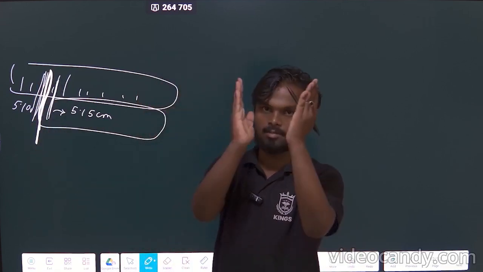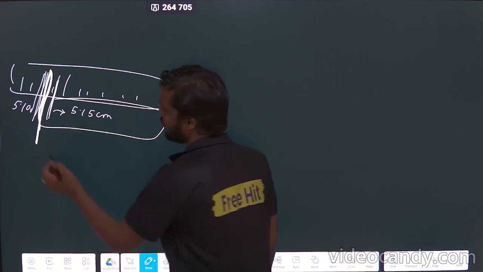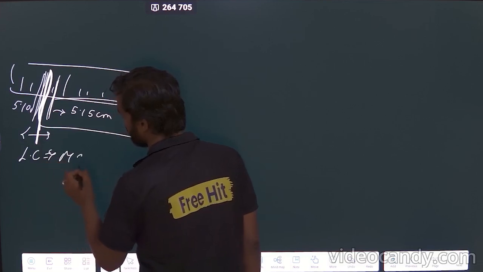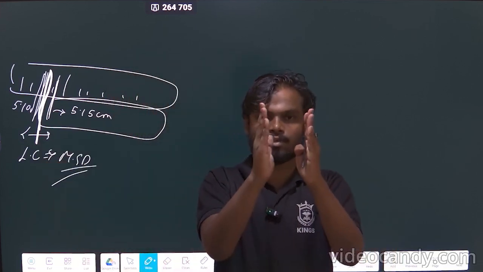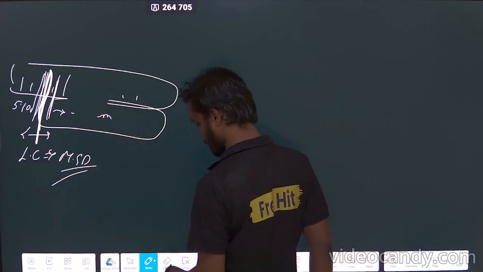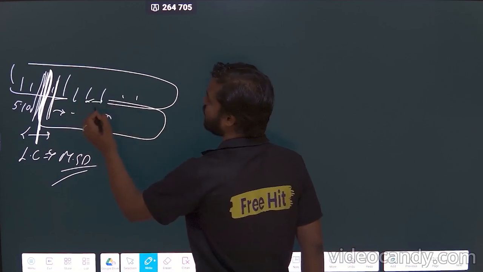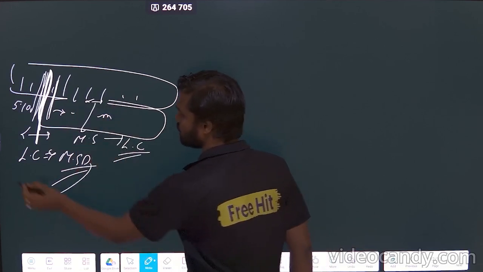That means from this I can tell the least count of my main scale, because the two divisions I know, this smallest thing is only my main scale least count. So that I know from this point.